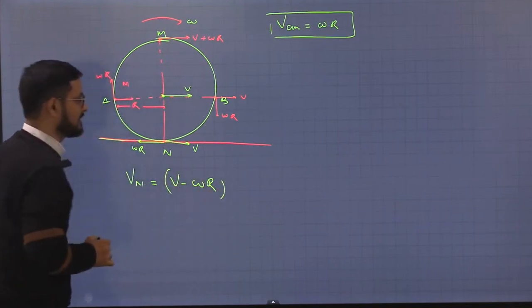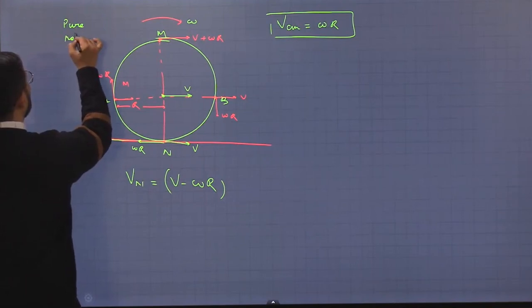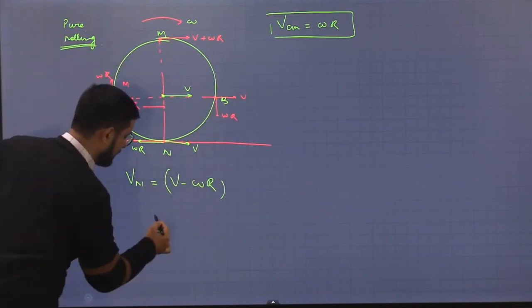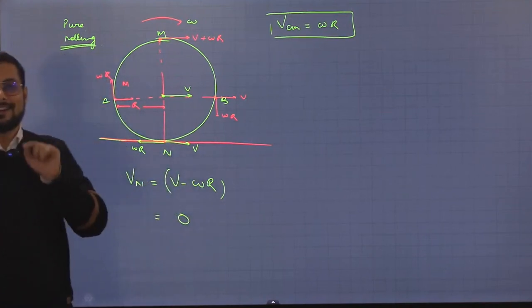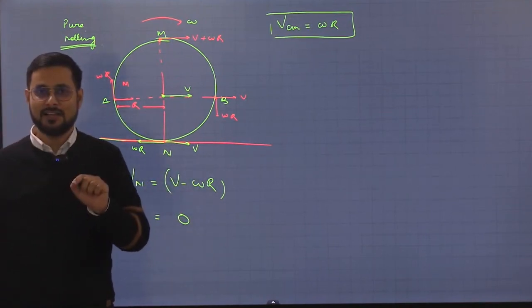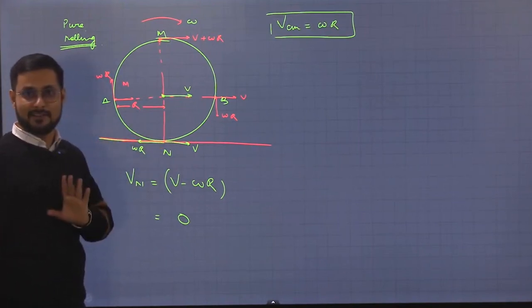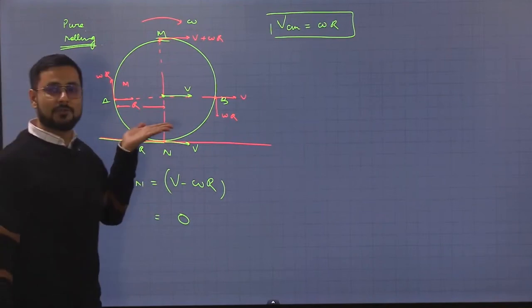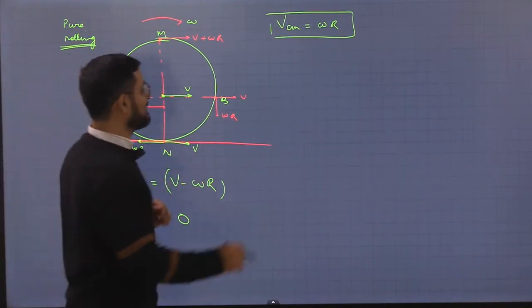This is the resultant velocity. Now in case of pure rolling, this condition holds true, due to which it becomes 0. So pure rolling is a condition of rolling in which the instantaneous velocity of the point of contact, with respect to the surface on which the body rolls, is 0. So this is the main condition.